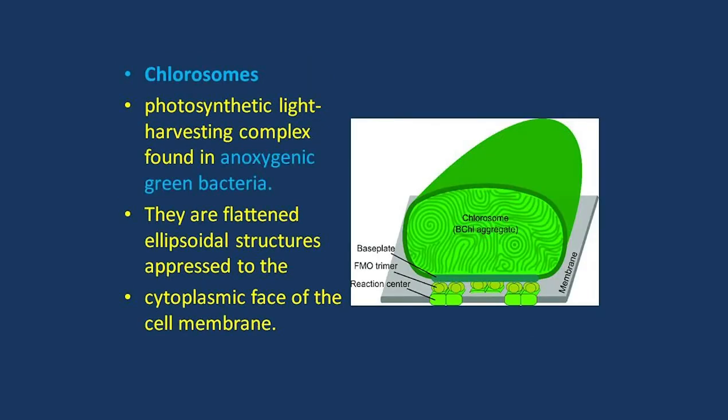Now let us look at the photosynthetic structures. They are called chlorosomes. They are light harvesting complexes found in anoxygenic or anaerobic green bacteria. They are flattened ellipsoidal structures appressed to the cytoplasmic face of the cell membrane.